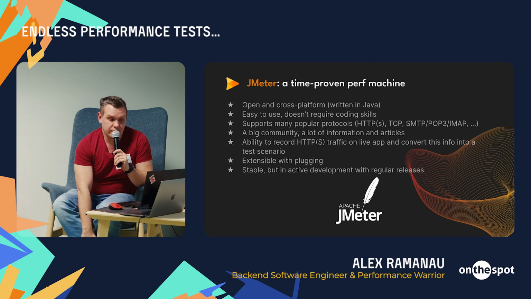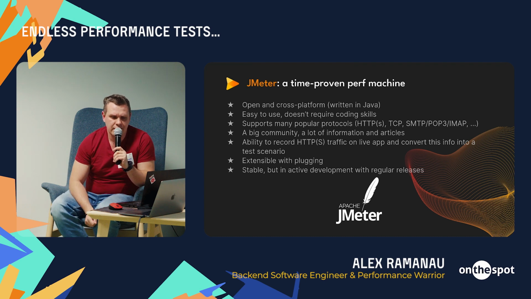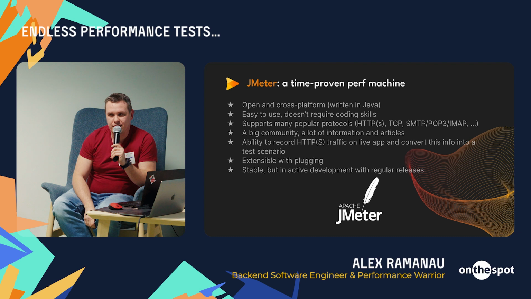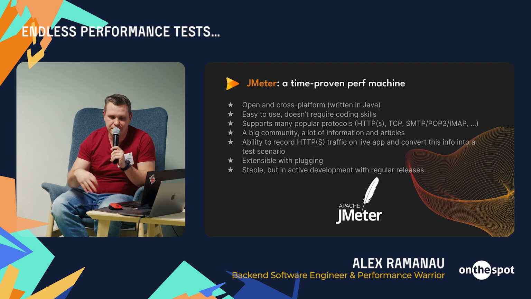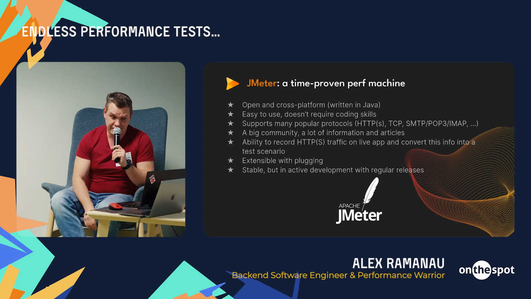And JMeter is the default tool if you don't like Wrk2 or Locust. QA engineers like this tool very much because it doesn't require any coding. You may just click your workload together using the graphical user interface, or you may record requests in proxy mode and then replay this activity very effectively.